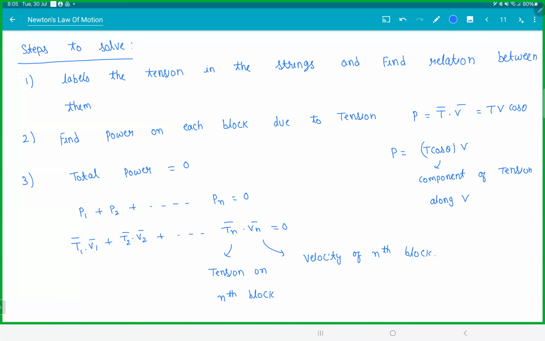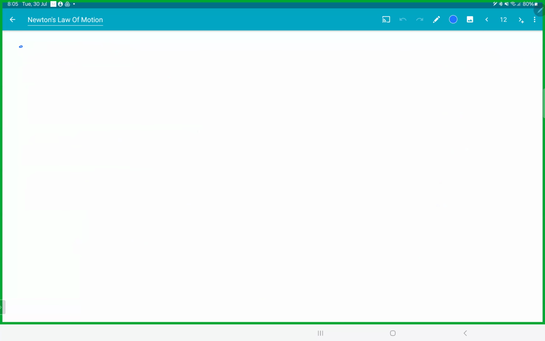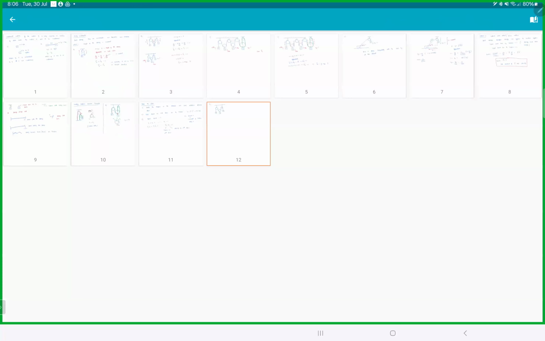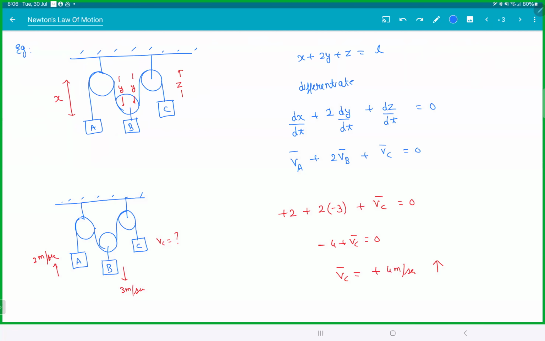Let's see an example. Let's take the one which we just did before, the one with three things, the 2, 3, VC example.